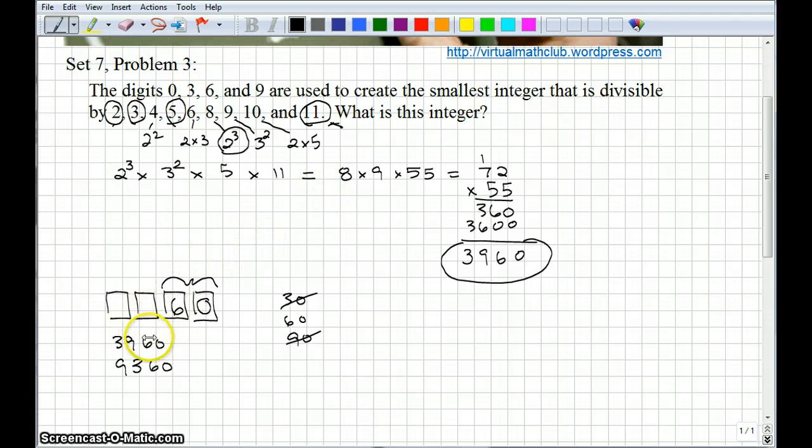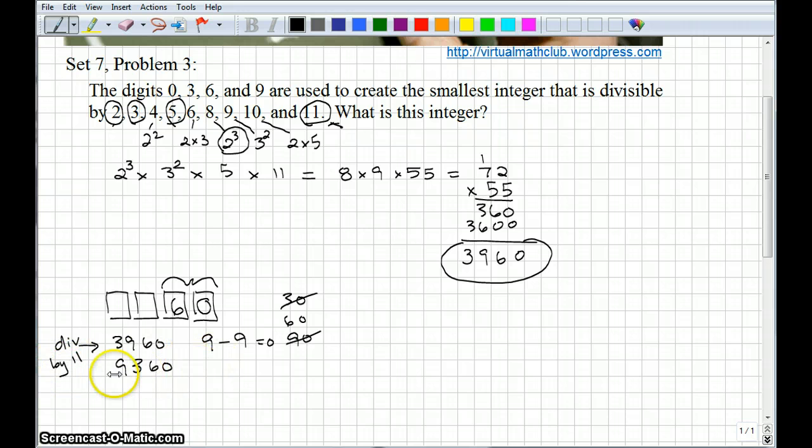Now we know if it's divisible by 11, then if we take the alternating digits, so in this case I'd get 3 plus 6 is 9, and 9 plus 0 is 9. If I subtract those two, I get 0.